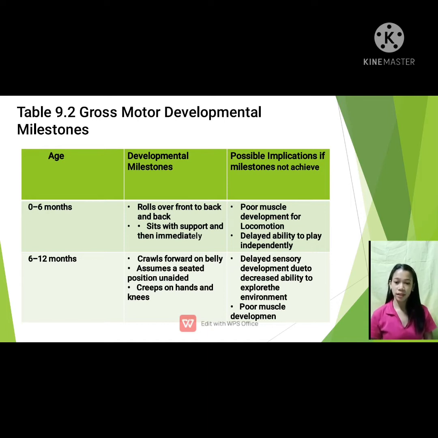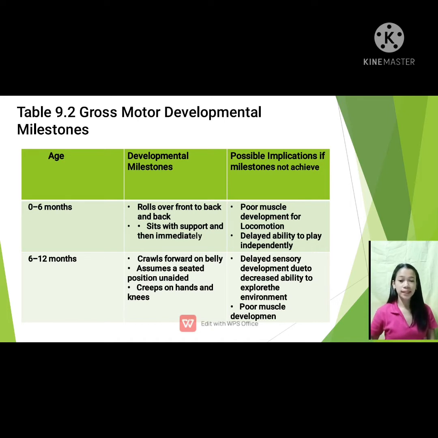6 to 12 months. Crawls forward on belly, assumes a seated position unaided, grips on hands and knees. Possible implications if the milestone is not achieved: developmental delay. Normally, the developmental milestones at 6 to 12 months are crawling forward on belly, assuming a seated position unaided, and gripping on hands and knees.